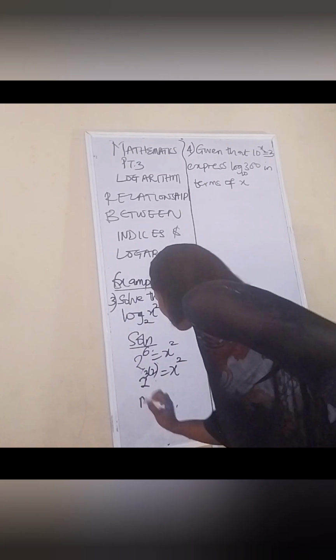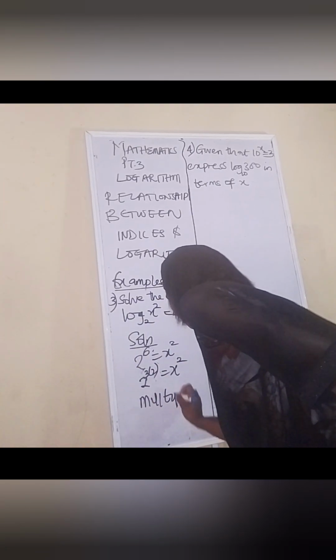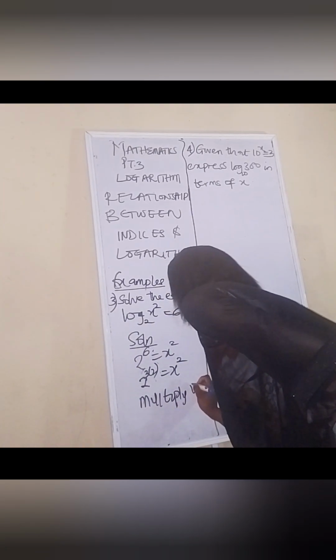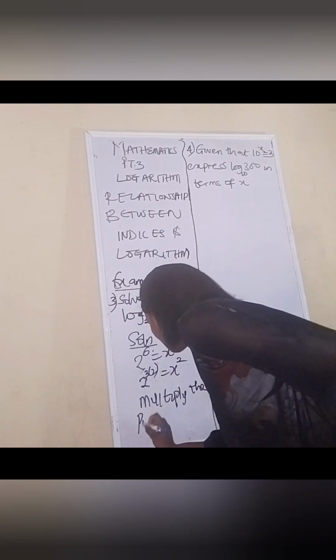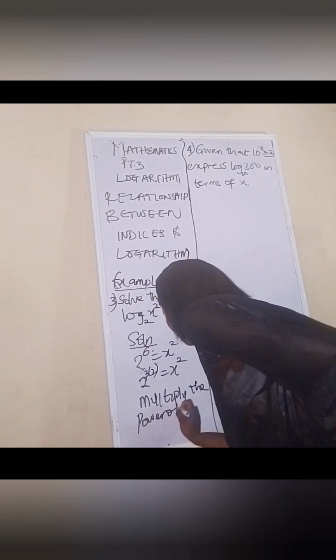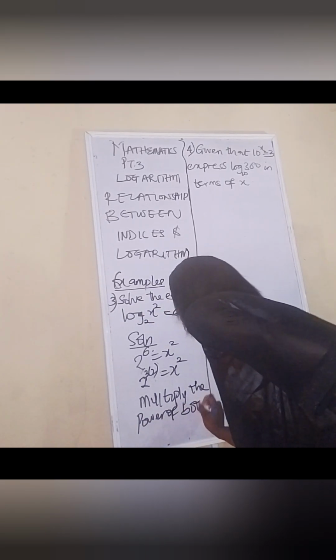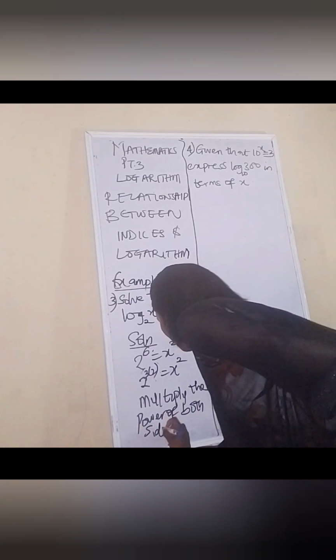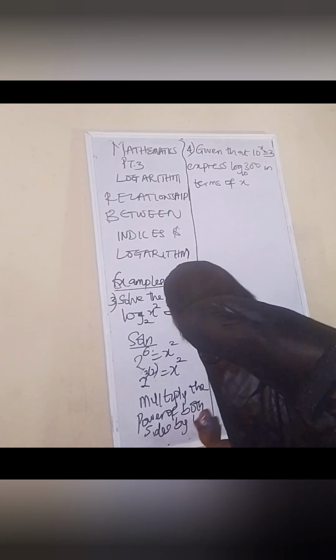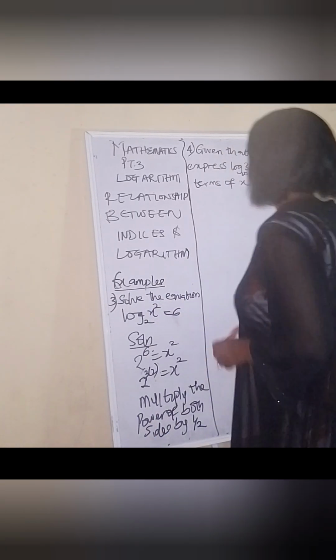So multiply the power of both sides by 1 over 2. Okay, so let's do that now.